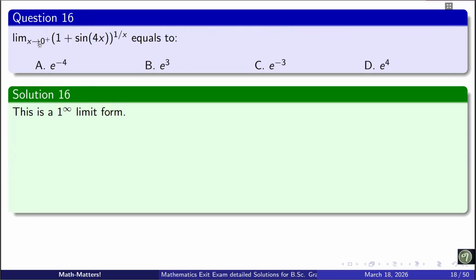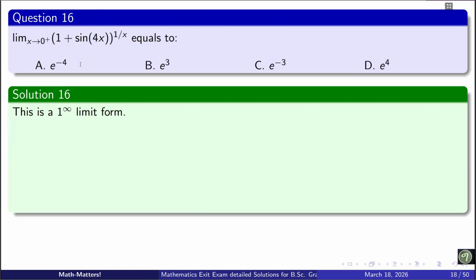That means if you directly substitute 0 from the right side here, 4 times 0 is 0, sine of 0 is 0, 0 plus 1 is 1, and the exponent, the limit of 1 over x as x approaches 0 from the right side, is infinity. Therefore, it has the 1 to the power of infinity form.